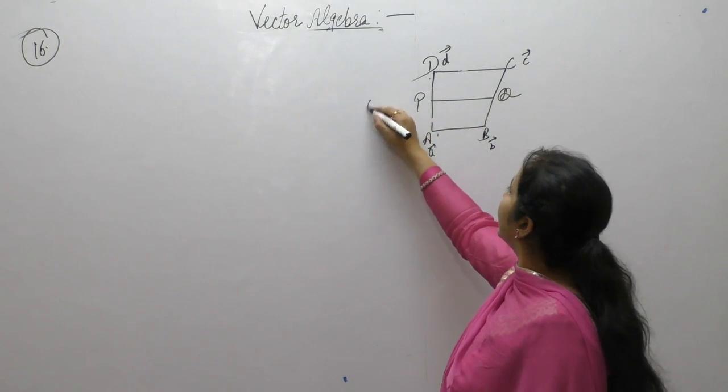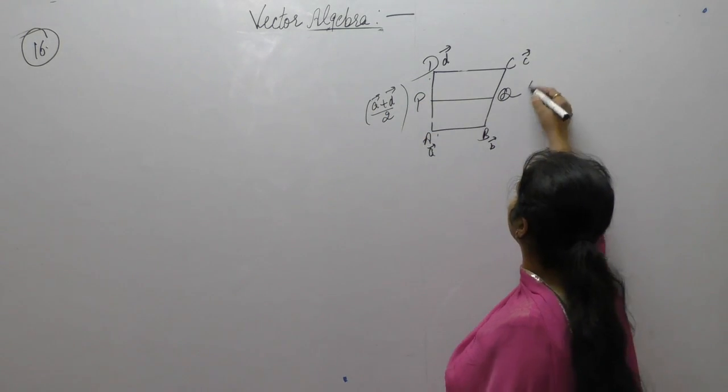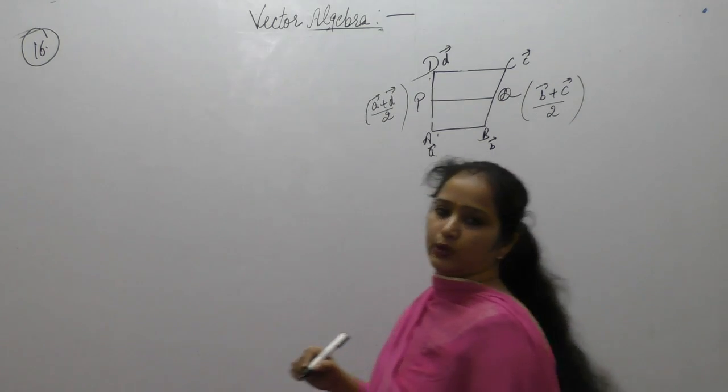Since they are midpoints, P has position vector A plus D by 2 and Q has B plus C by 2.